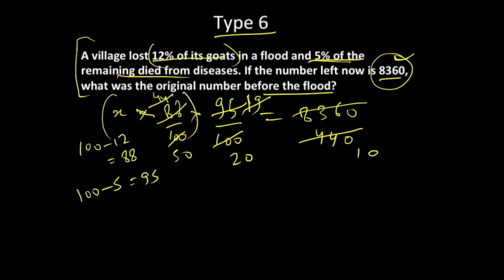So now all you have left for x is 50 into 20 into this remaining 10. So this would give you 10,000, right? Because 50 into 20 you will get 1000 over here, and then there's a 10 over there, right?